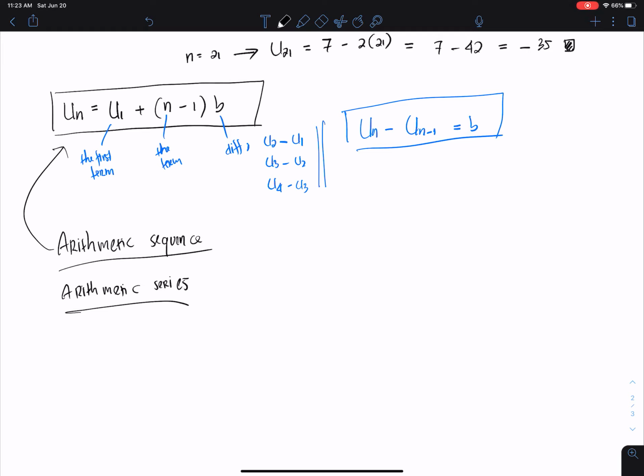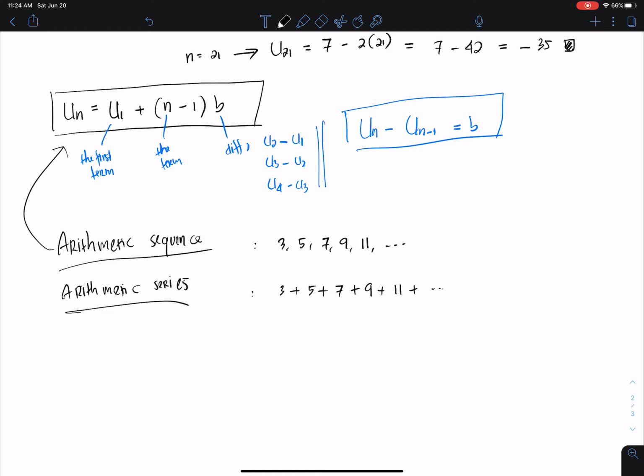Given an arithmetic sequence, for example, 3 and then 5 and 7 and 9 and 11 and so on. The arithmetic series is the total of the n terms in the sequence. So instead of writing it down like this, in a series we write 3 plus 5 plus 7 plus 9 plus 11 plus and so on.